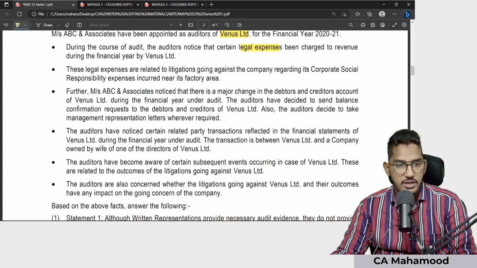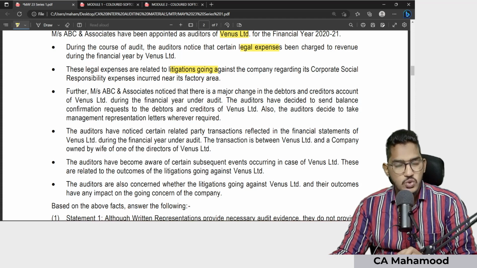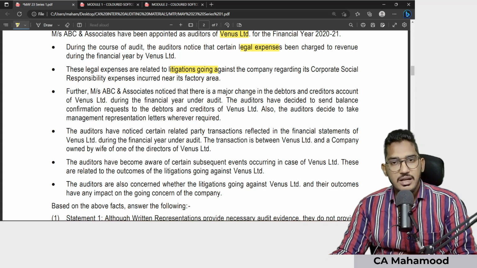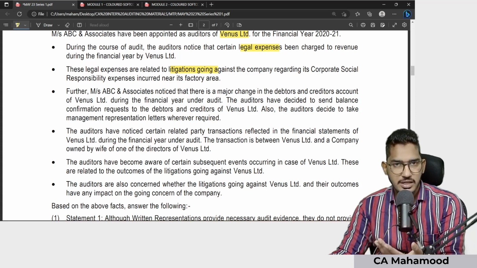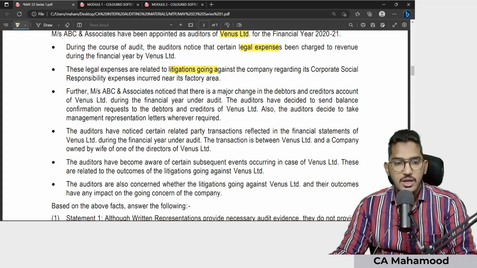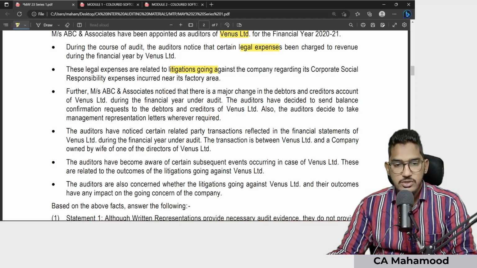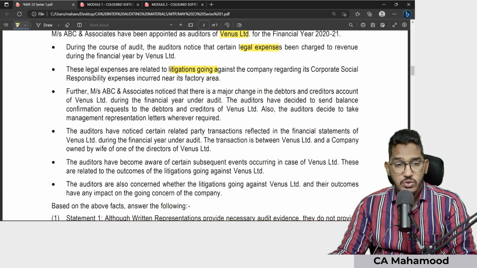Next one. These legal expenses are related to litigations against the company regarding its corporate social responsibility expenses incurred near its factory gate. So that legal expenses relate to one case going on against the company relating to CSR expenditure. Further, ABC and Associates noticed that there is a major change in the debtors and creditors accounts of Venus Limited during the financial year under audit.